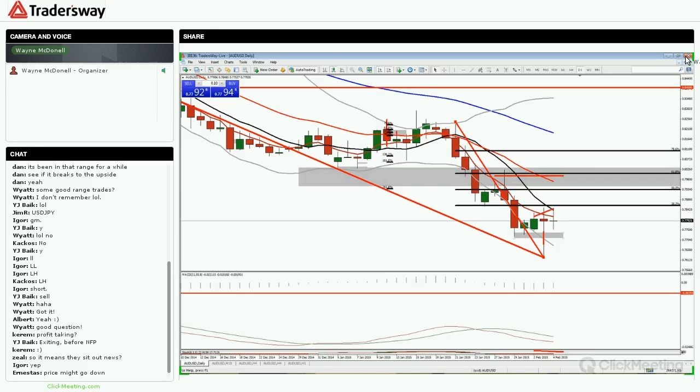And you'll say, oh, what are they doing? They're manipulating the market. No, the retail traders, because they're uneducated and they don't have the support that you do here at Traders Way, are doing everything unbelievably late. That's the issue.